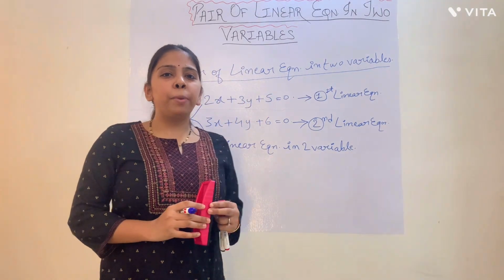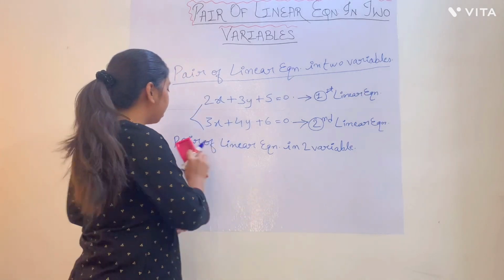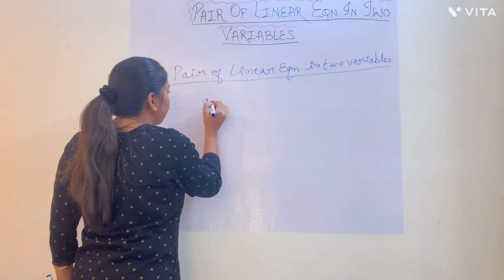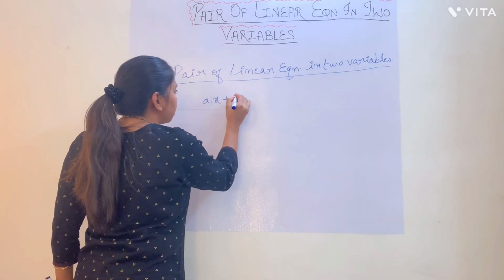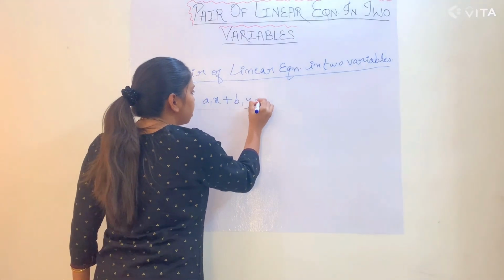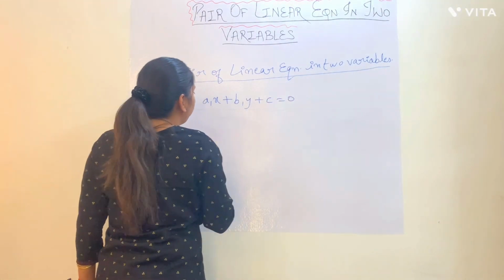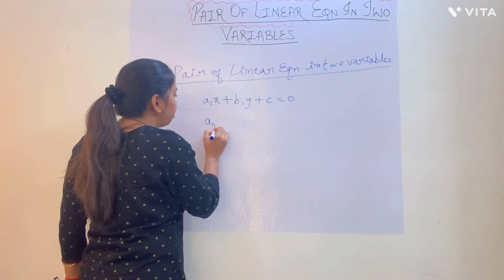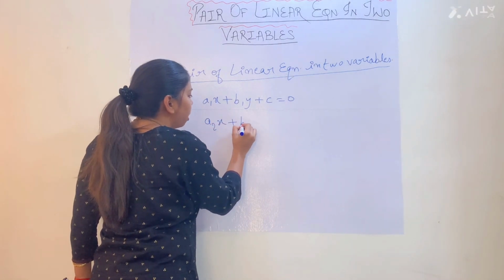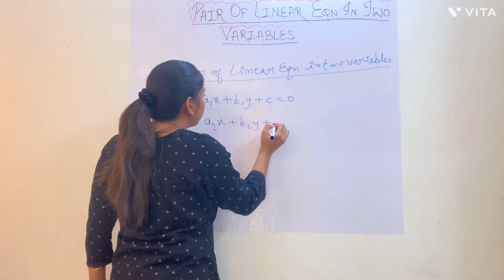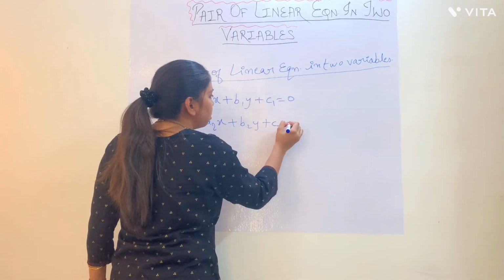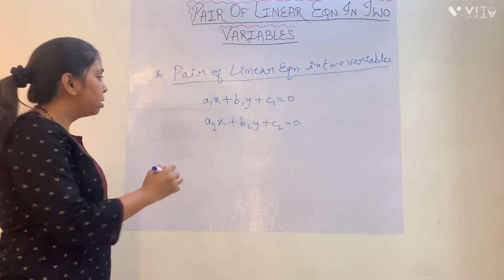The general form of a pair of linear equations in two variables is a1x plus b1y plus c1 equals 0, and the second one is a2x plus b2y plus c2 equals 0. This is the general form.